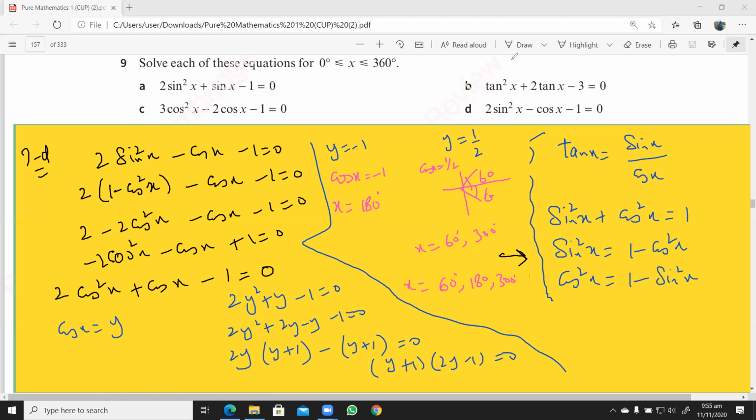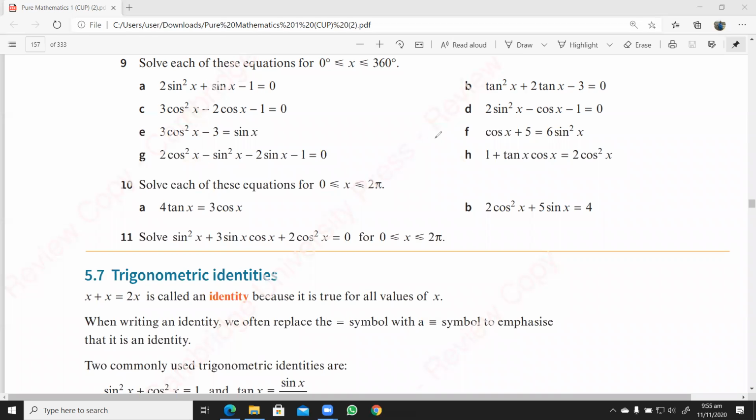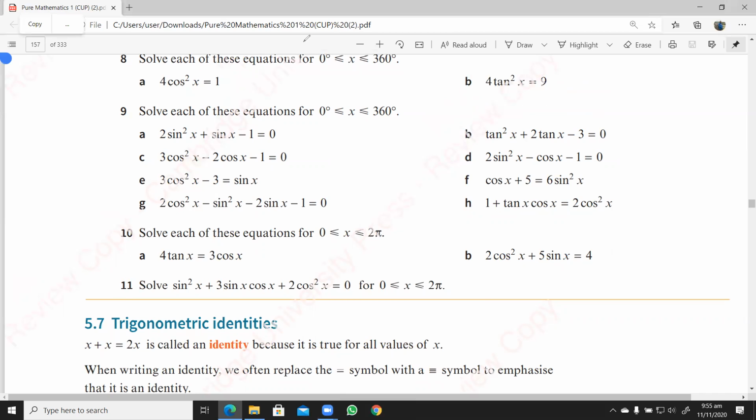You guys have to practice all the parts of this question number 9. Let me quickly ask you what you will do in this part E, 9E? Just raise your hands. What will you do in 9E? The girl at the back, I think she's Tahira. Tahira, how would you deal with this 9E?